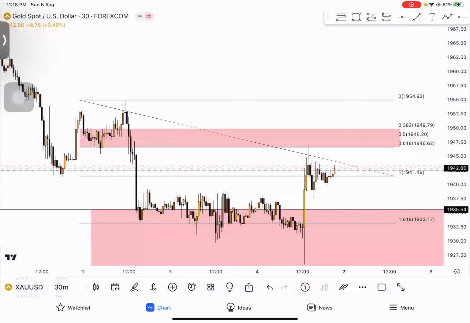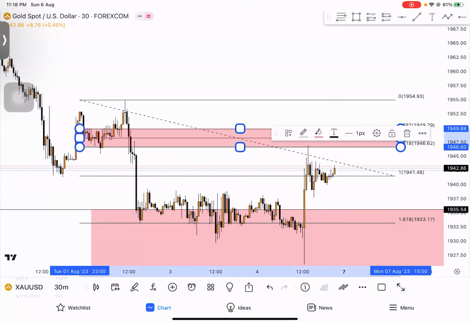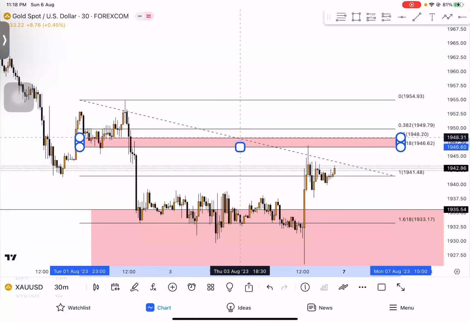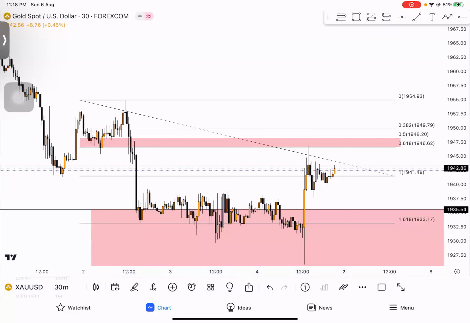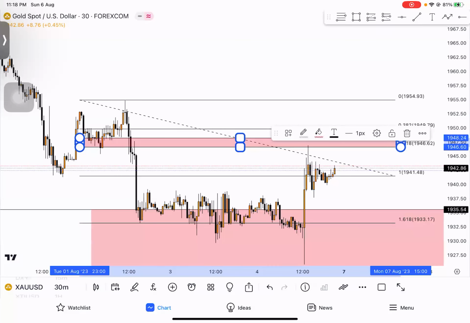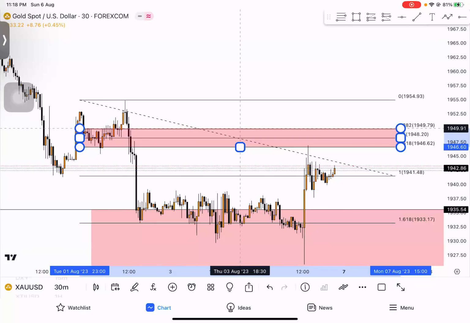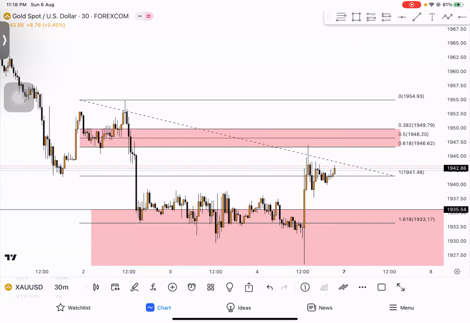Which percent is the golden zone? The golden zone is commonly said to be 0.5 to 0.618. But through my experience, most likely these three levels, you can just watch for the retracement. If you want low risk to medium risk, you can take 0.382 to 0.5.